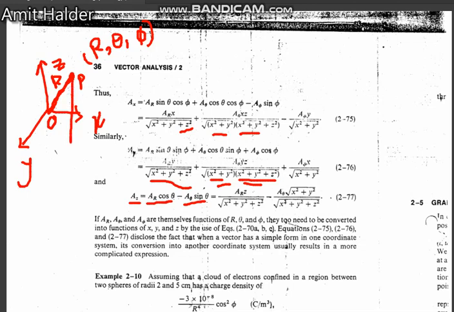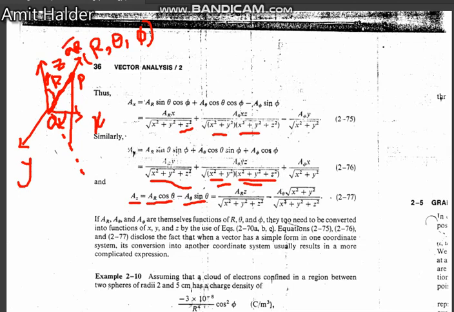Phi is the angle showing how much it has been derived from the x axis, and theta is the angle between r and z. So if it is a_z, that will be a_r cos theta. As we know, the unit vector in that position will be a_r.